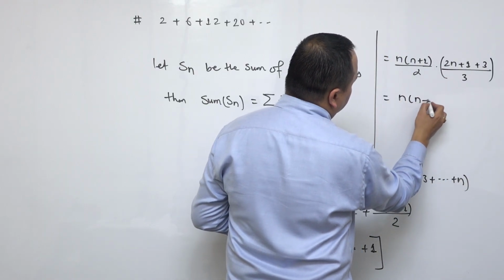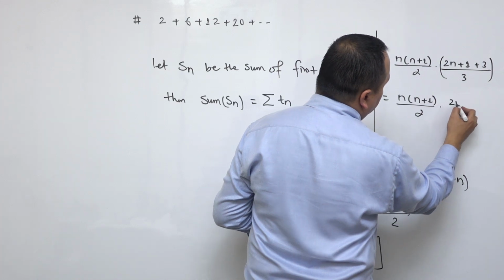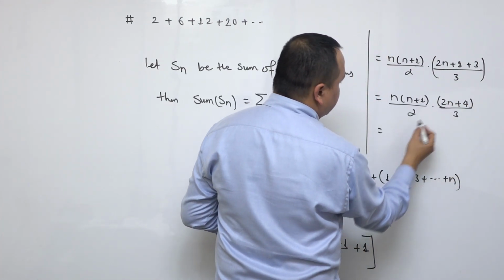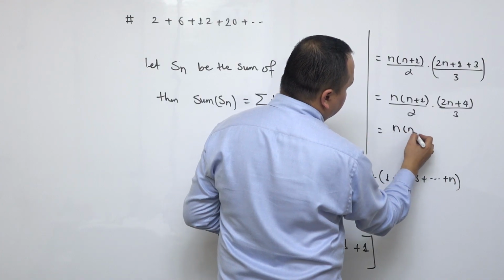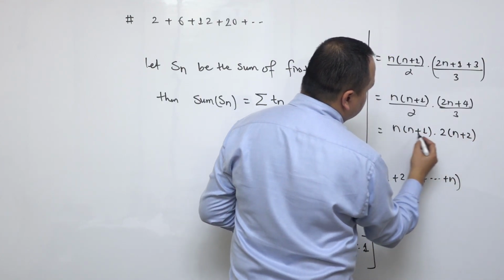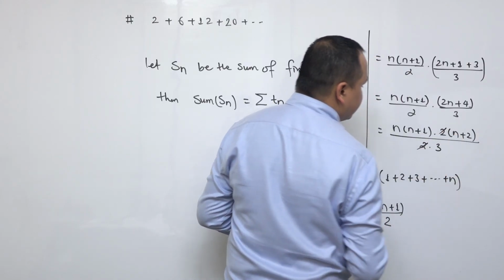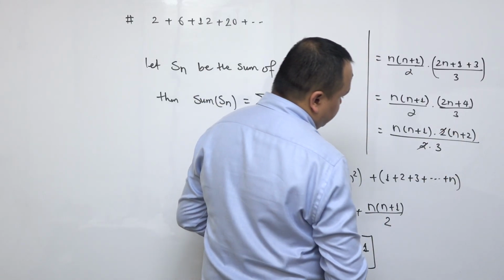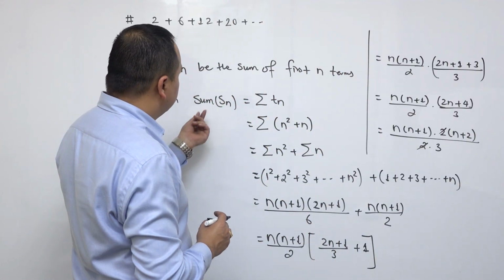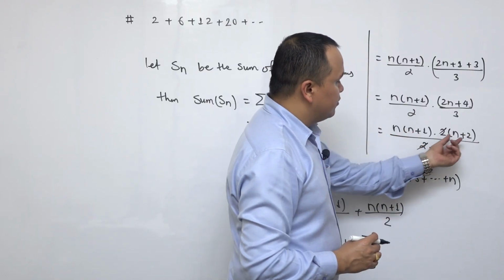This is (n plus 1) divided by 2, times (2n plus 4) divided by 3. 2 is common, (n plus 1), 2 is common, (n plus 2), divided by 2 into 3, here 2 cancels. And finally, the sum of the first n terms, Sn, is equal to n(n plus 1)(n plus 2) divided by 3.